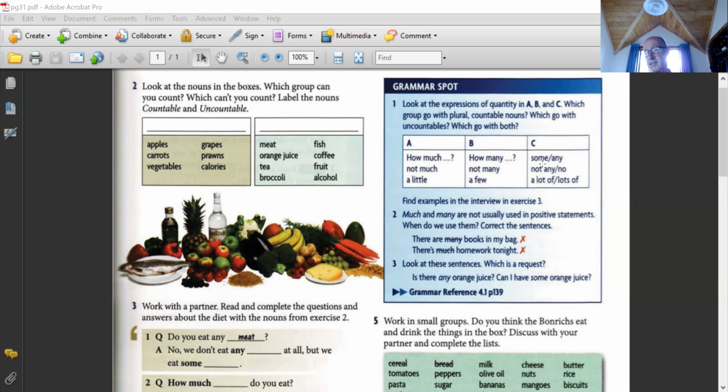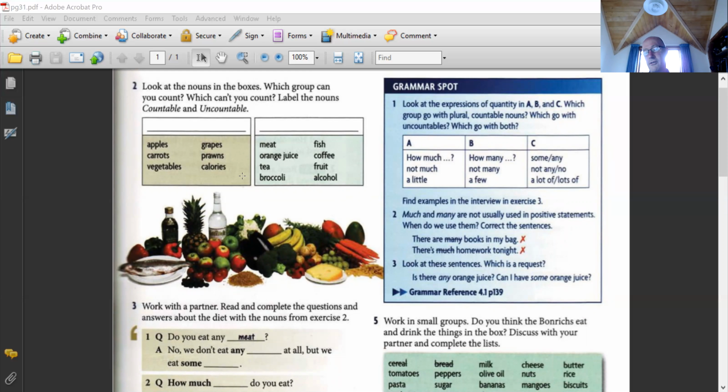And then C, some, any. Is there some apples? Or are there some apples? Are there any apples? Not any. There are not any apples. There are no apples. What about meat? There's not any meat. There's no meat. A lot of.